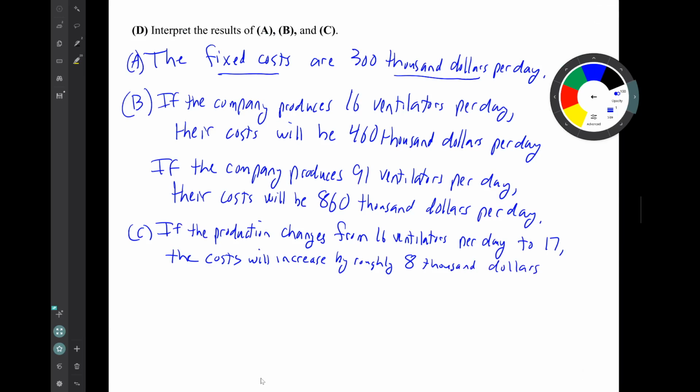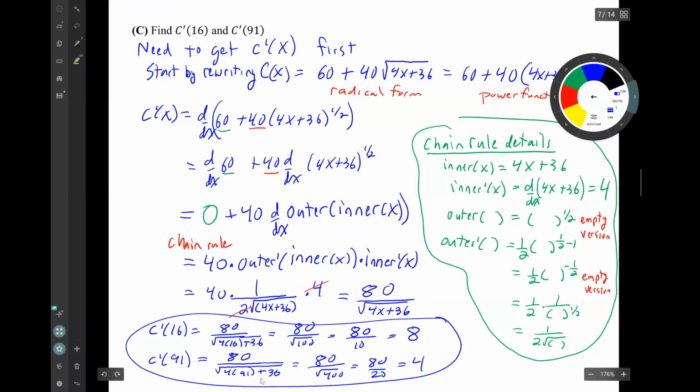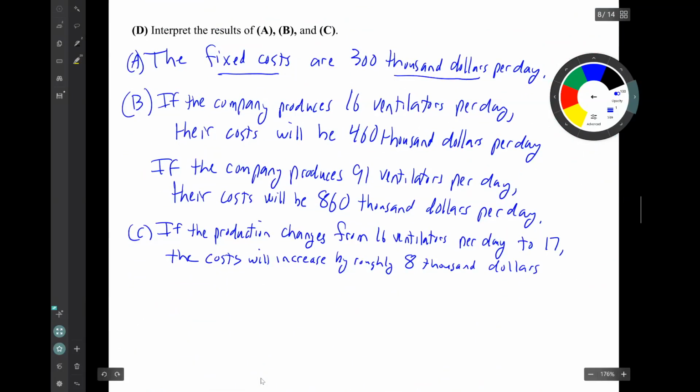So if the production changes from 16 ventilators per day to 17, that is, if the production number goes up by 1, the cost will increase by roughly $8,000. And so that's what the book would call an approximation for the cost of the next ventilator, or the 17th ventilator.